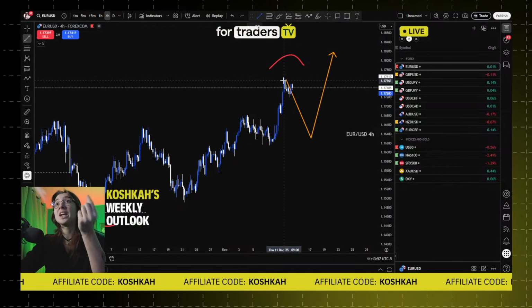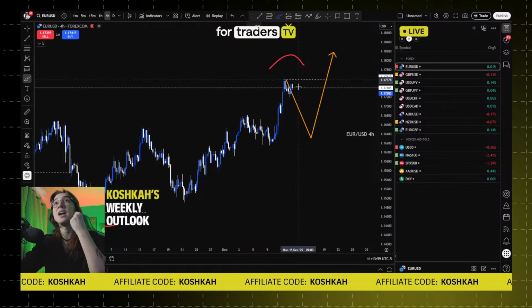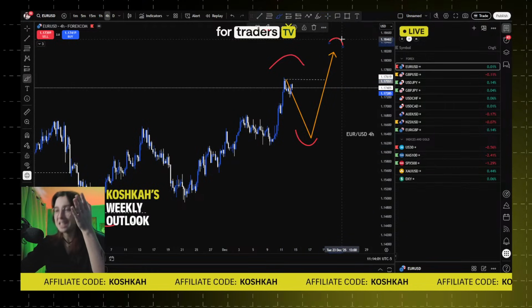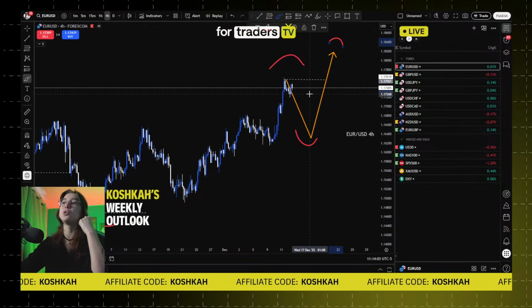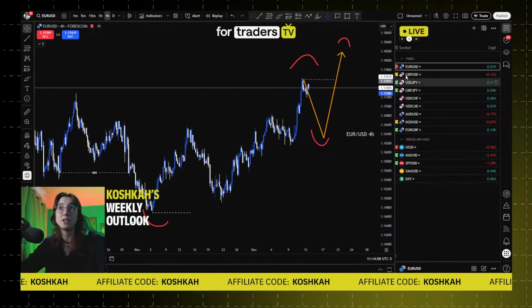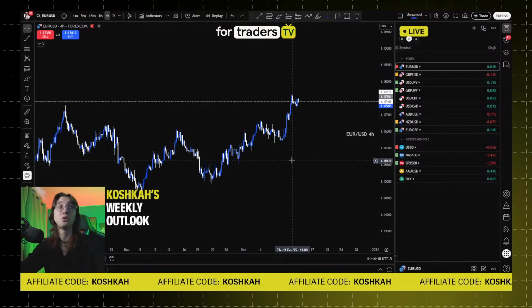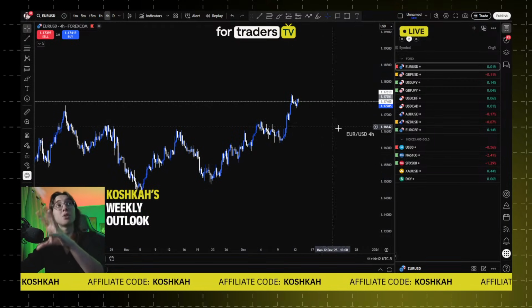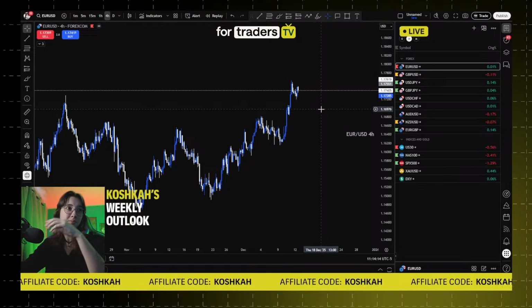Then we have a break to the upside and a new range, and in this new range we'll be able to look for some buys. But for now there is nothing much going on Euro USD, and according to my strategy, I would just leave it to the side.